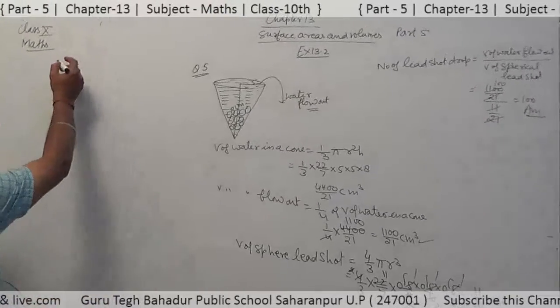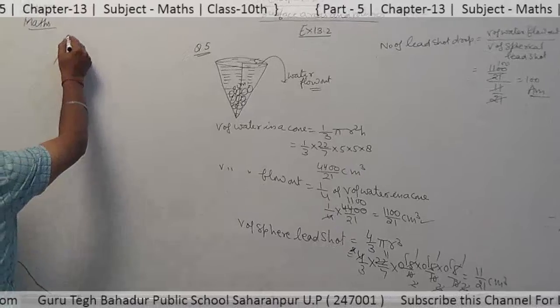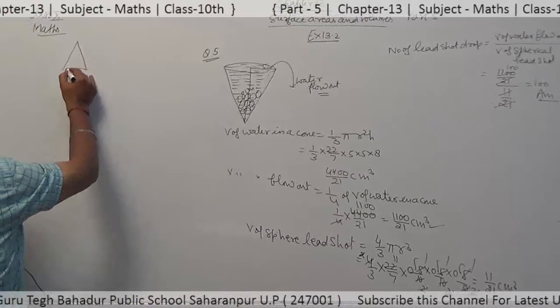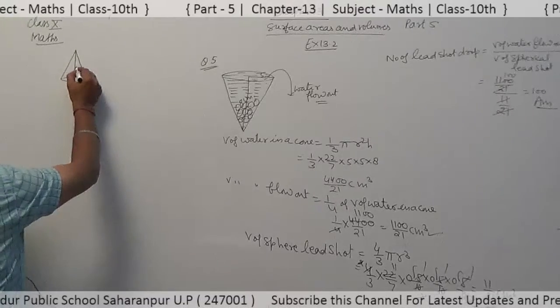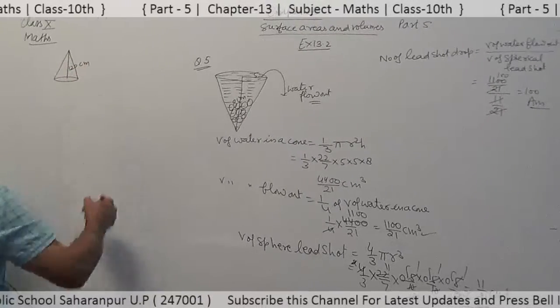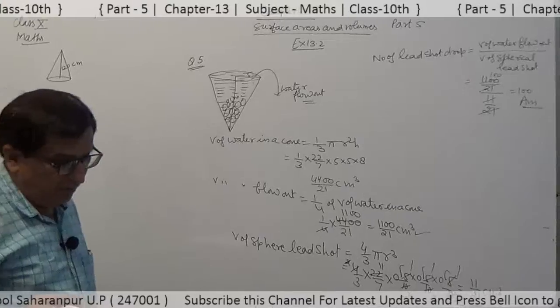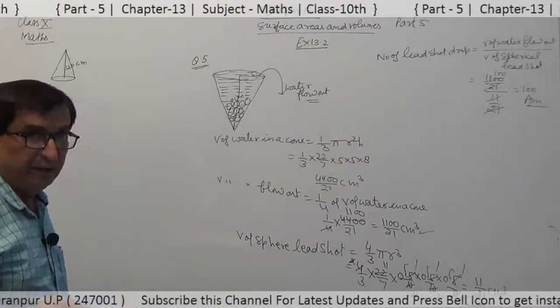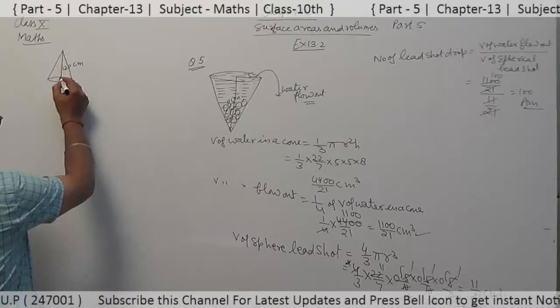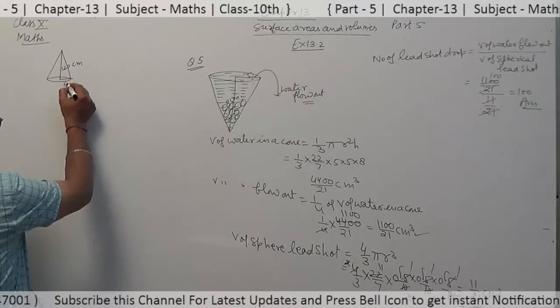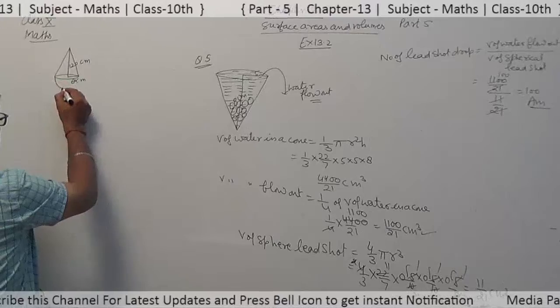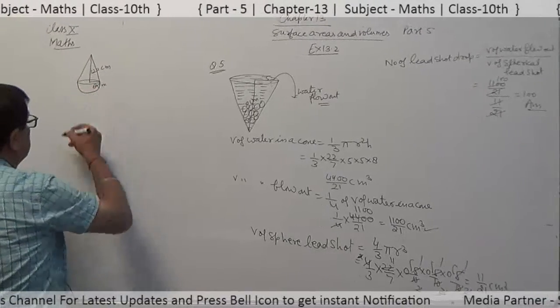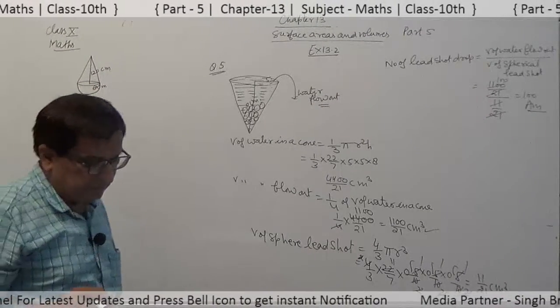You see, this is a cone whose height is 120 centimeter and radius is 60 centimeter, and this is a hemisphere, it is also of radius 60 centimeter.